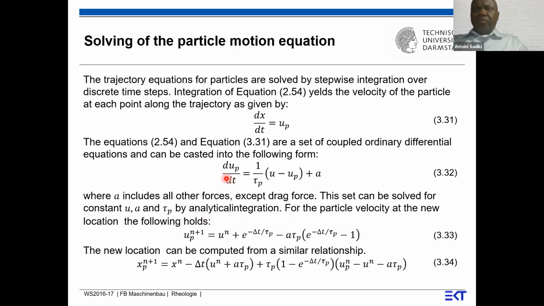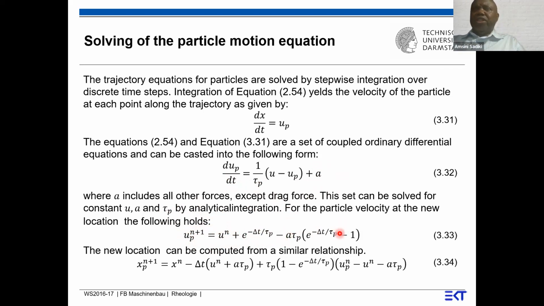Then we solve this: we put dt here and we integrate between two times, time step n and time step n plus 1, and we will get this solution. This is the solution of the exercise.